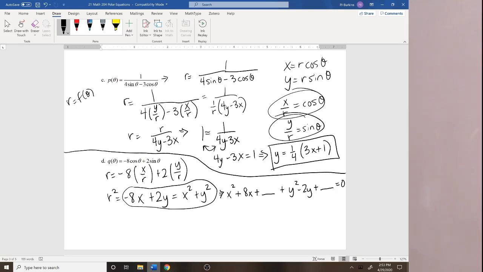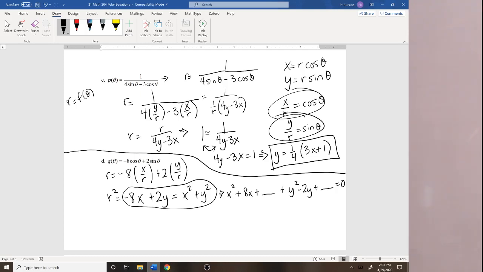I would like to complete the square. So yeah, good job, Ross. The reason I want to do this is I have no idea what this thing is right now, right? I want to know what this equation gives me. So I want to complete the square here.